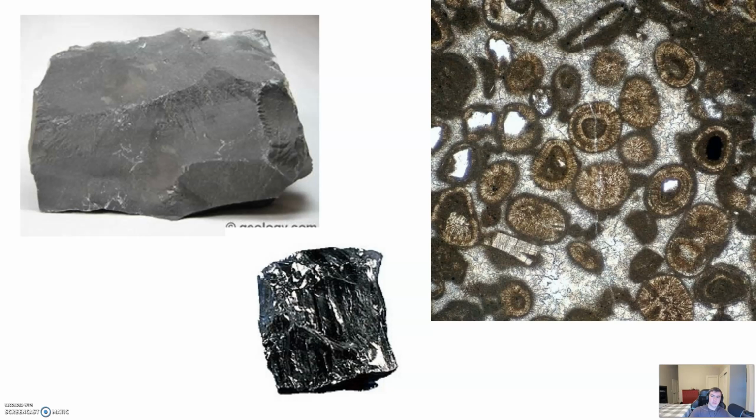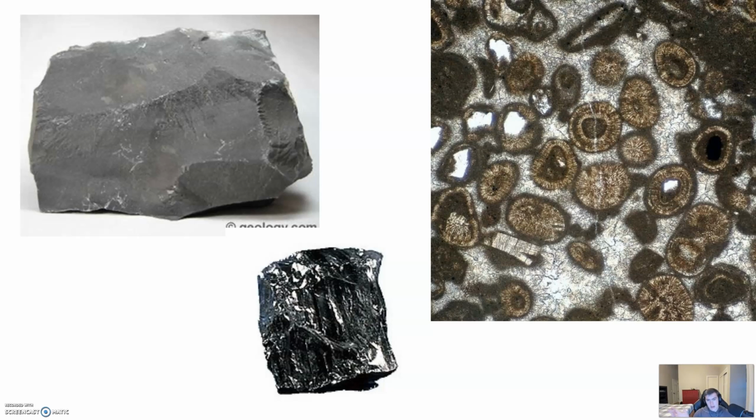To the right, we see a picture of the limestone under a microscope. As you can see, we get a lot of these shells of these planktons. I believe diatoms were the organisms that make up most of limestone sediments, so those would be the shells of diatoms.